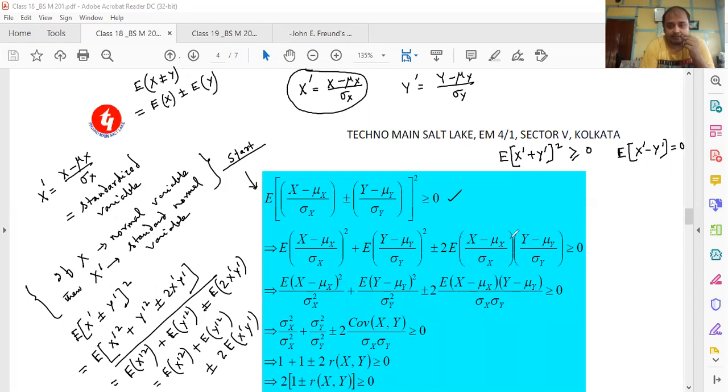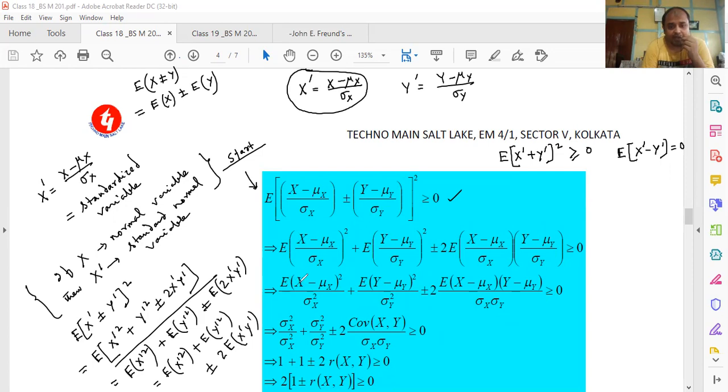Now the next step gives me that since 1 by sigma x is a constant quantity, it can come outside the expectation symbol. Since sigma x is getting squared over here, the constant quantity is 1 by sigma x squared, and it will come outside.